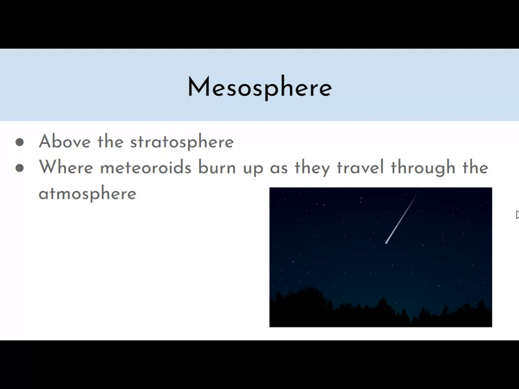But the mesosphere is dense enough that when meteorites move through it, they will break up, and that is where we get our pretty shooting stars. While we might think that we can see where they came down and go try to find them, usually they burn up before they even get to the stratosphere. So it looks a lot closer than it is.